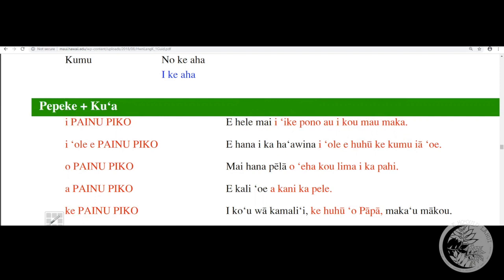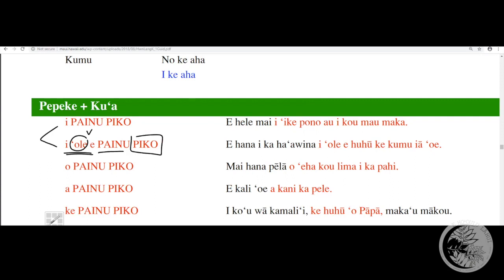Now the second Kuʻa, which is really the same Kuʻa, is what you would call the negative. Yeah, it's the opposite meaning. I, so that, so would, in order that. I ole e, and you notice the word ole, that's actually being used as the verb here, as not to, as a way not to, as a means not to. So would not, so should not. I ole e. And same thing, it's followed by a painu, and of course, a possible piko.